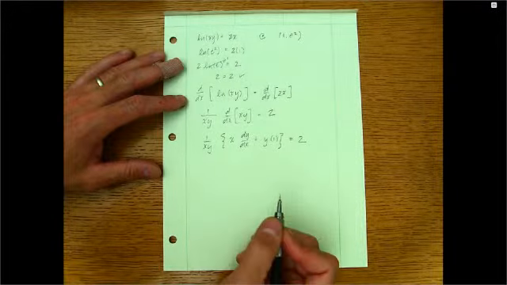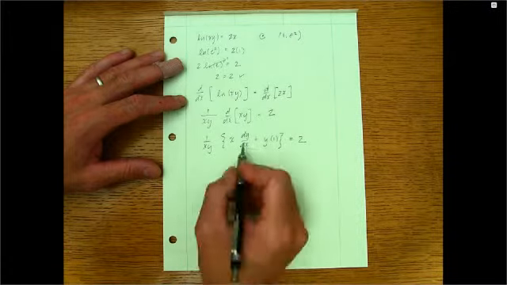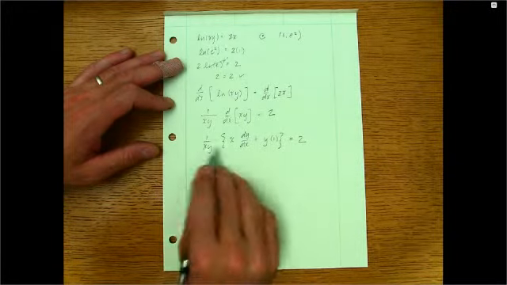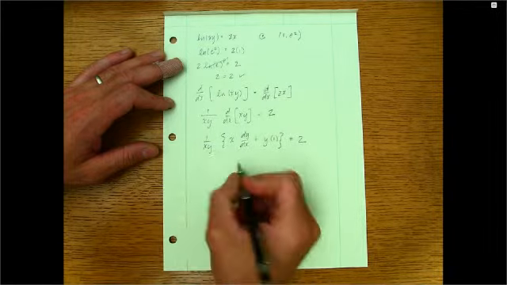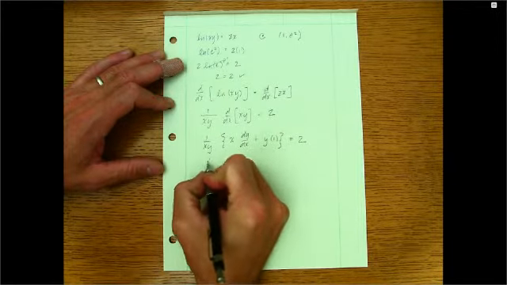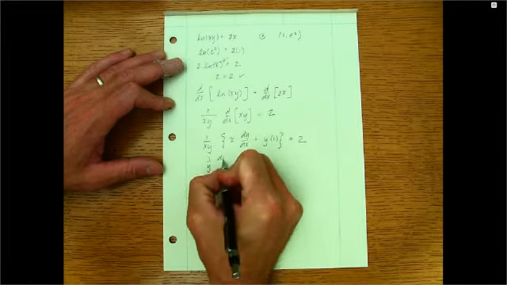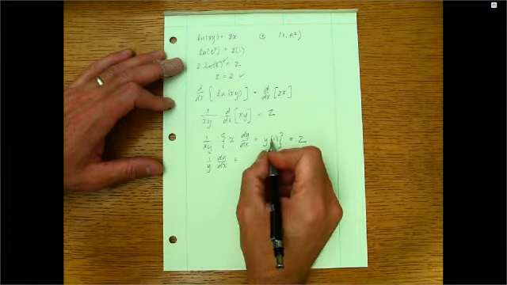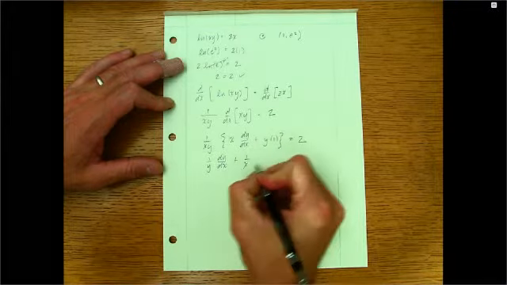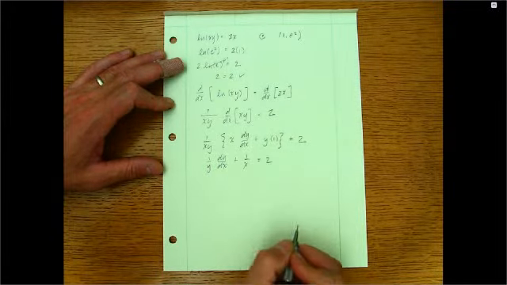So it looks like we've got something we can simplify now and solve for dy dx. So when I distribute the 1 over xy to the first term, the x's cancel, and I get 1 over y dy dx, plus when I distribute to the second term, the y's cancel, I get 1 over x, and that's all equal to 2.